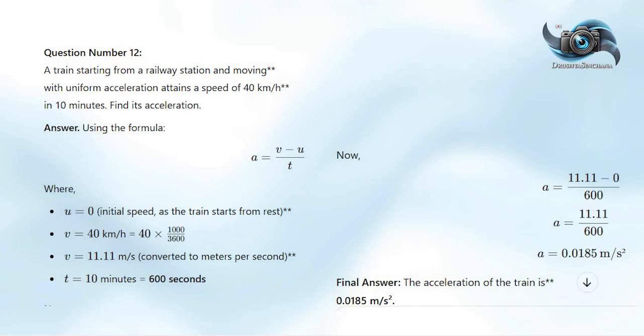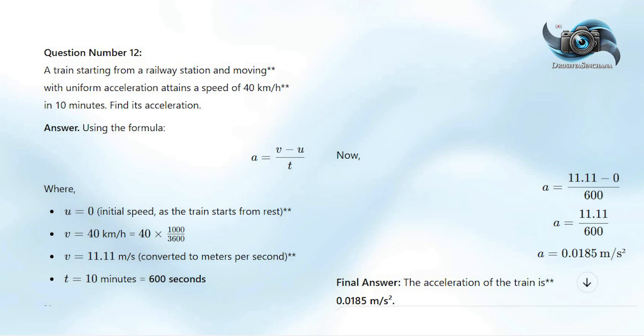Converting to meters per second: 40 multiplied by 1000 divided by 3600. Final velocity equals 11.11 meters per second. Time equals 10 minutes equals 600 seconds. Now, acceleration equals 11.11 minus 0 divided by 600.